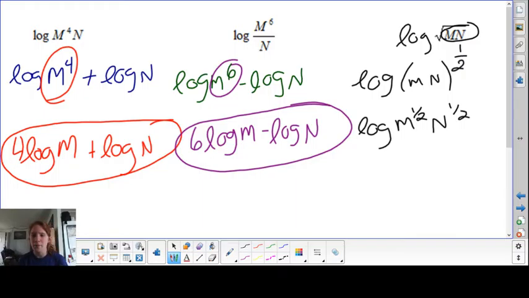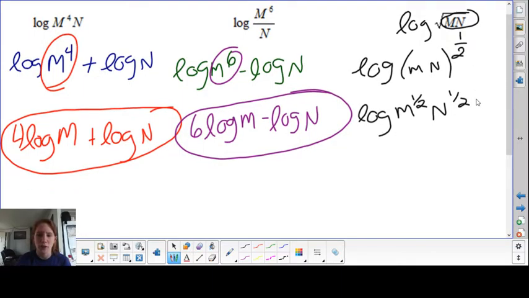Now we can go ahead and simplify because I have gotten rid of my parentheses. And we know that m to the 1/2 and n to the 1/2 are being held with multiplication. And multiplication splits into addition. So I have log of m to the 1/2 plus log of n to the 1/2.